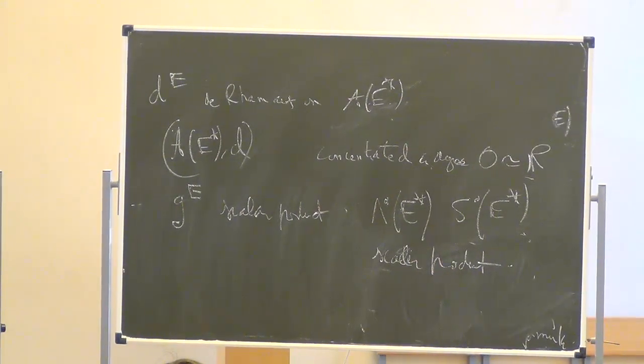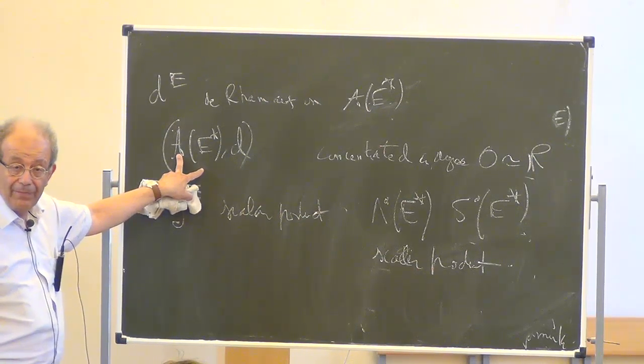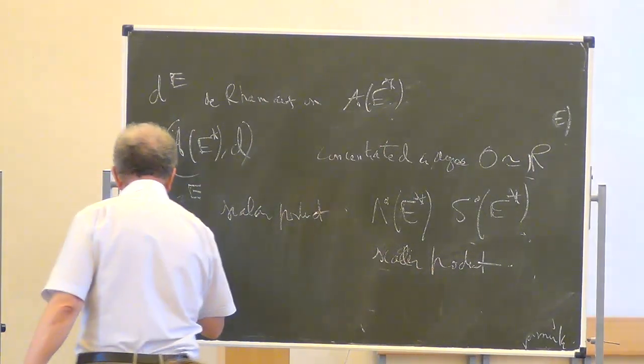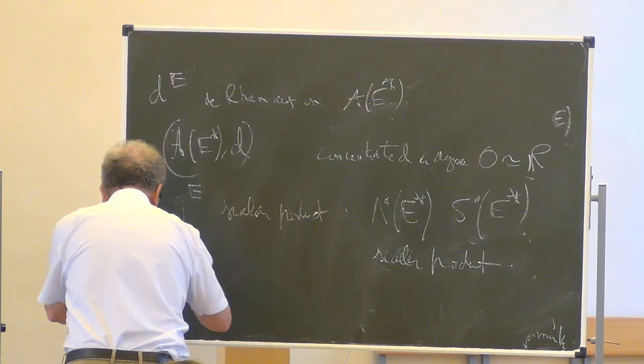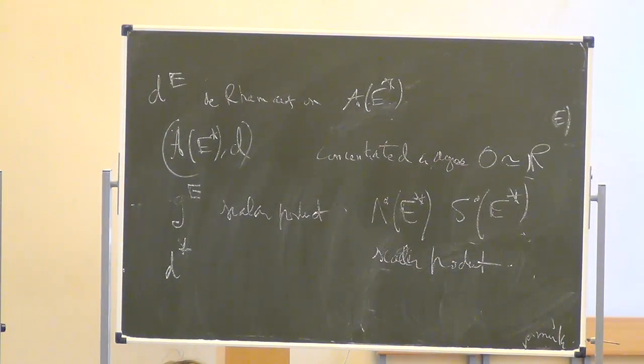Okay, and then symmetric algebra obviously gets a scalar product; for the symmetric algebra, you have to do some explicit normalizations. It's very easy to do. So A of E star becomes an infinite dimensional Euclidean algebra. And you can try to find what is the adjoint of the operator D with respect to this Euclidean structure.